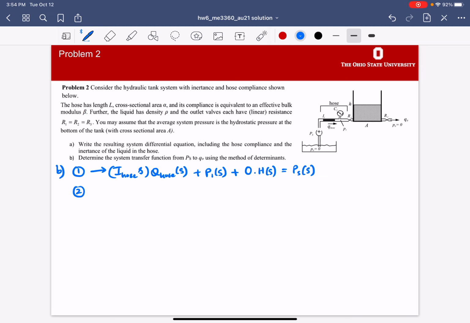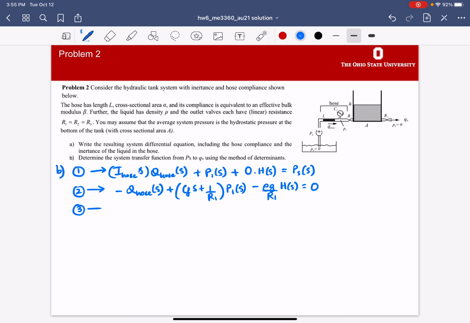And then for equation 2, it would turn out to be minus Q hose S plus CFS plus R1 times P1 S minus rho G R1 HS, and this is equal to 0.